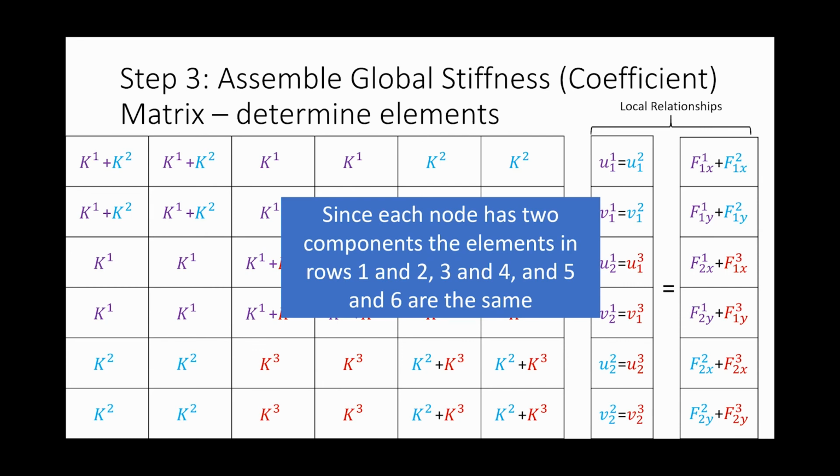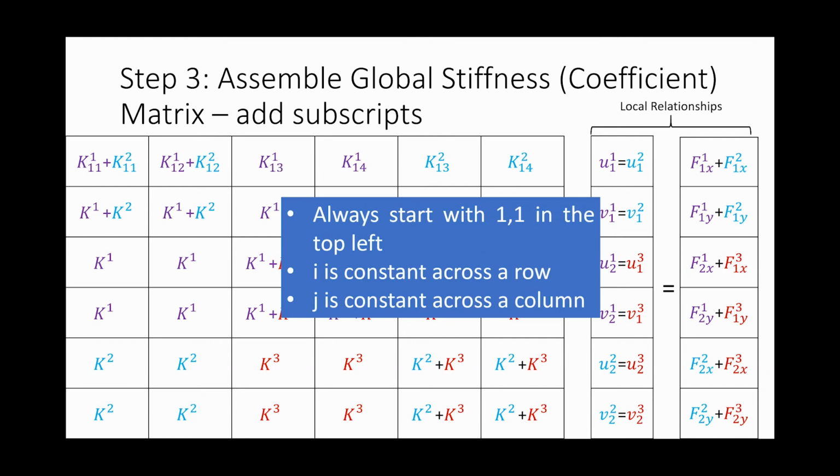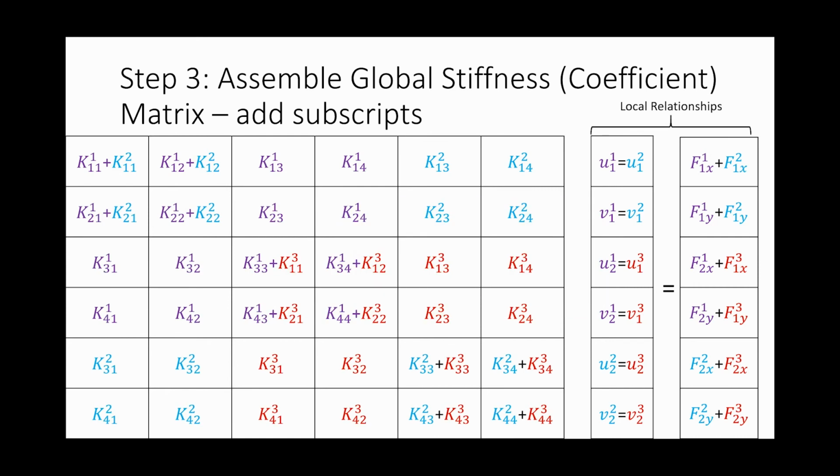If you can figure out where the elements go, you can really easily number them. Since each node has 2 components, the elements in rows 1 and 2, 3 and 4, and 5 and 6 again are the same. We always start numbering with 1, 1 in the top left-hand corner of our new element matrix. And we just add 1 as we go across.